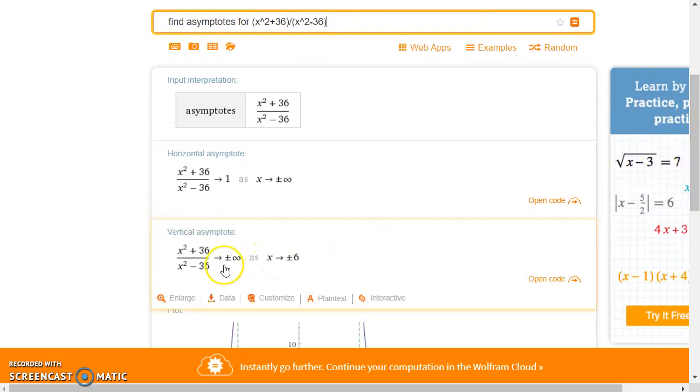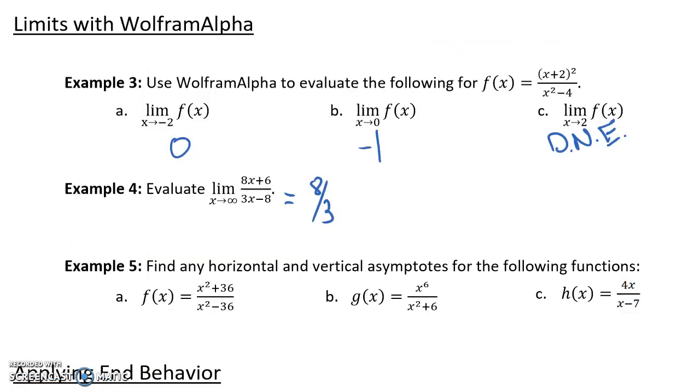And our function approaches positive and negative infinity as x approaches both positive and negative 6, since we have that plus or minus symbol there. So what this tells us is that we have a horizontal asymptote at y equals 1 and vertical asymptotes at x equals positive 6 and negative 6.